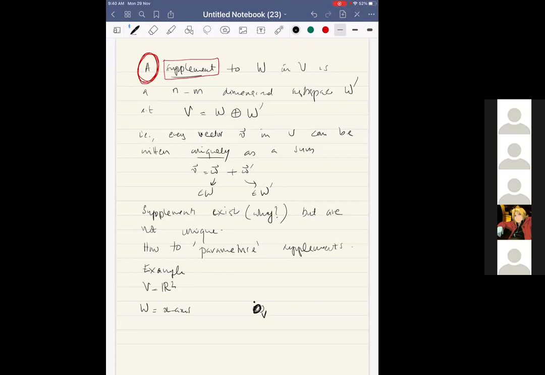Let me not call V R2, because when I say V is equal to R2, various other things come into play. V is a two-dimensional real vector space, and W is a one-dimensional subspace.